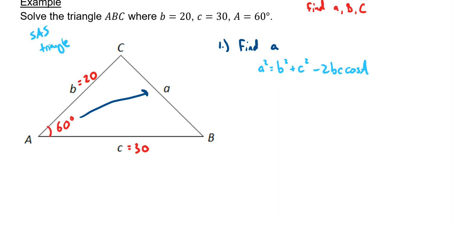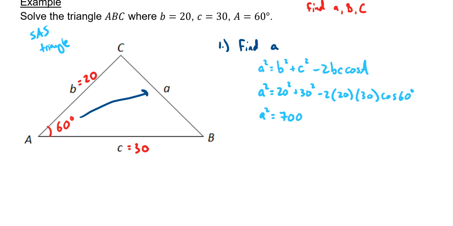So even though this looks very messy, it's a lot of just plug and chug. Plug in all of these values. So B squared, 20 squared, C squared, 30 squared, minus 2 times B times C times cosine of angle A, cosine of 60 degrees. Plug all of this stuff in your calculator, and it looks like we end up getting 700.